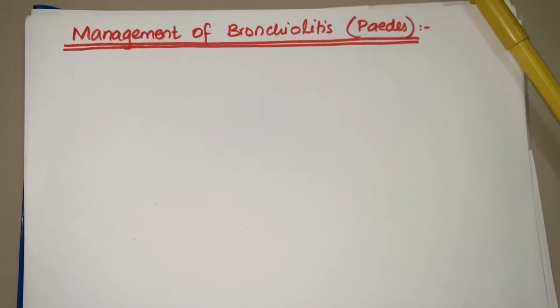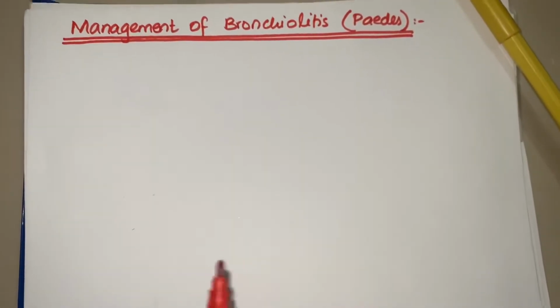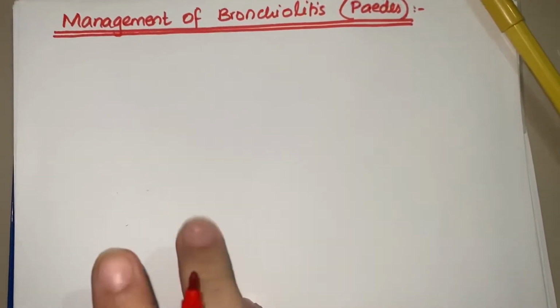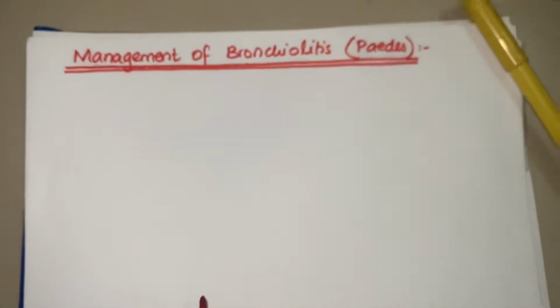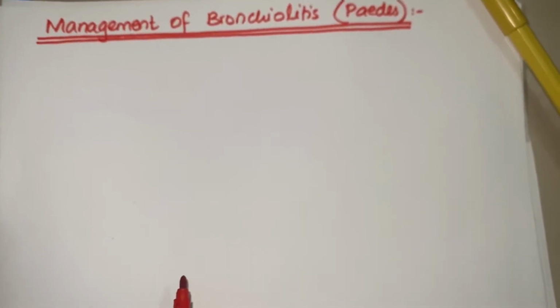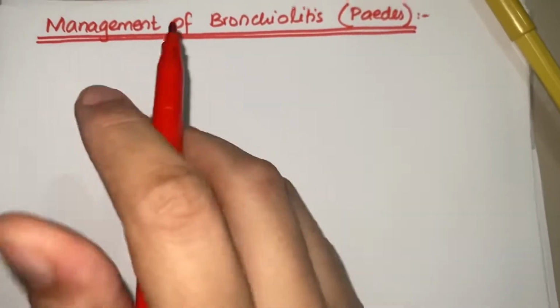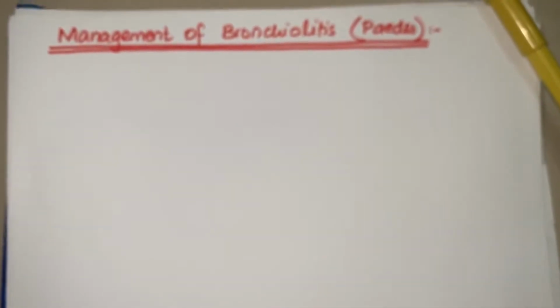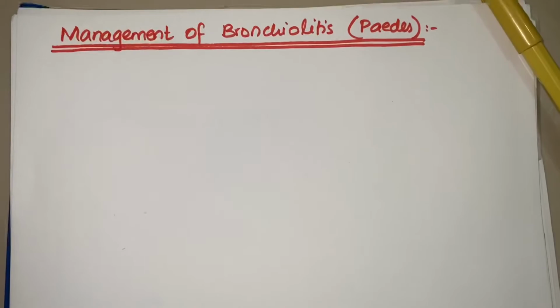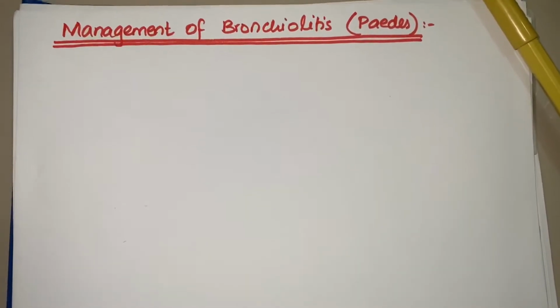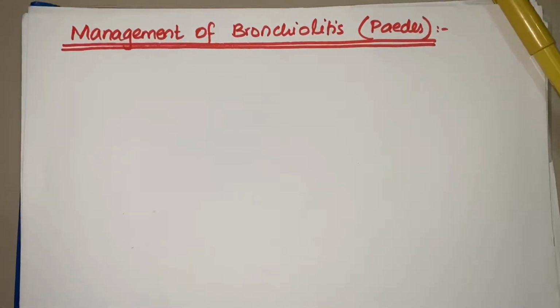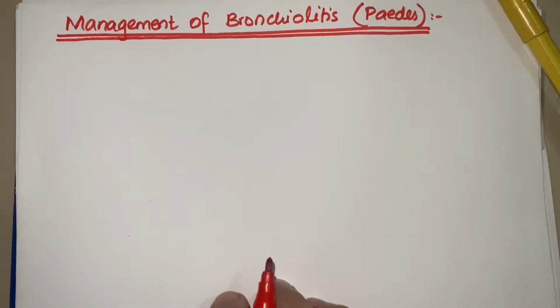So remember the three major points: viral infection, obstruction, and inflammation of the bronchioles. Fine. This was just an introduction, so that you can easily understand the management of bronchiolitis, which I will explain in a very easy way, and it will be very helpful, inshallah.